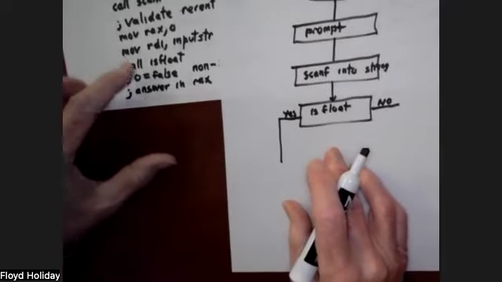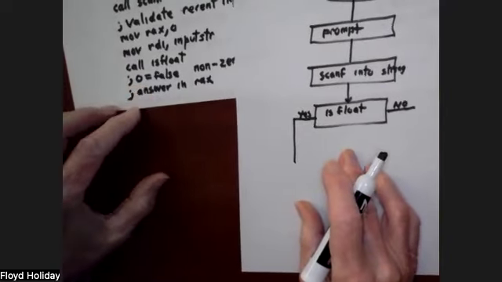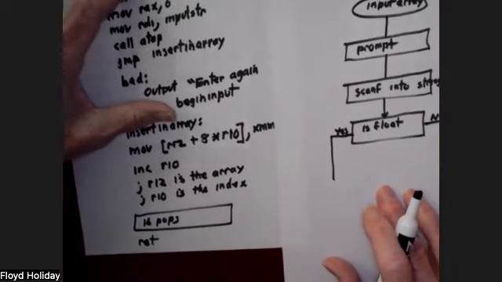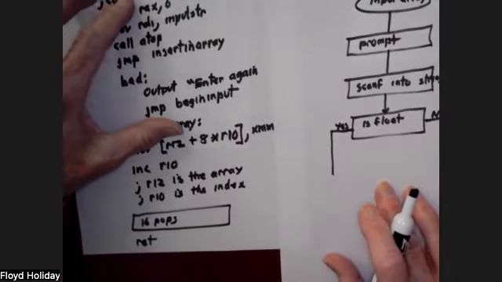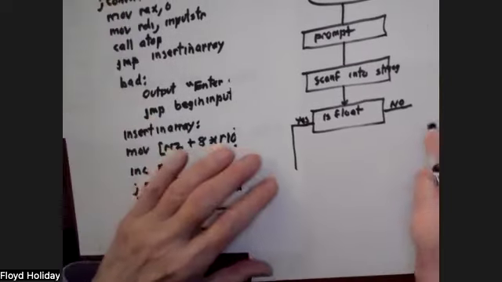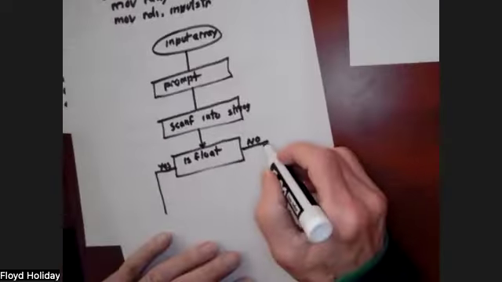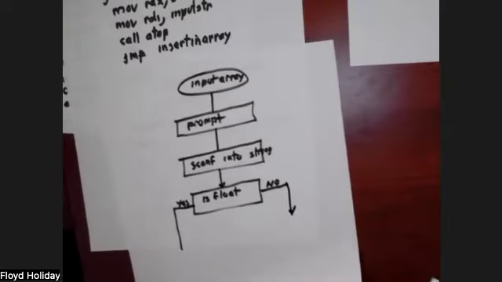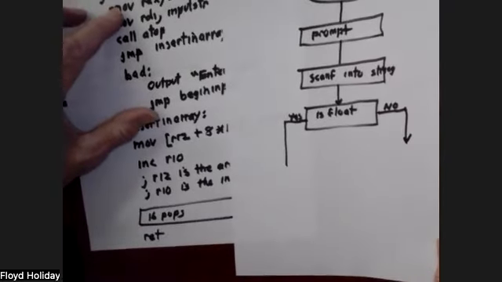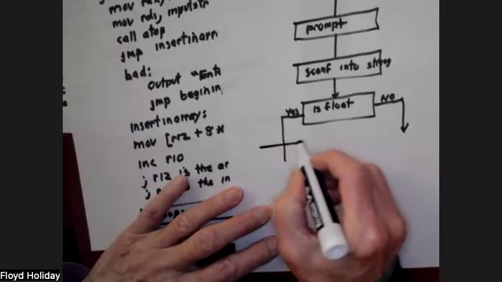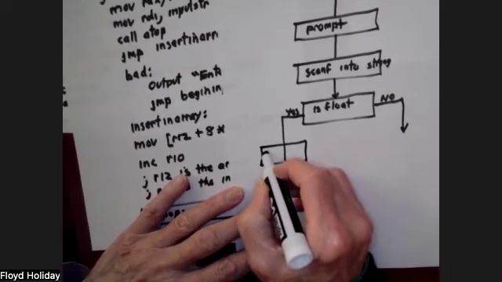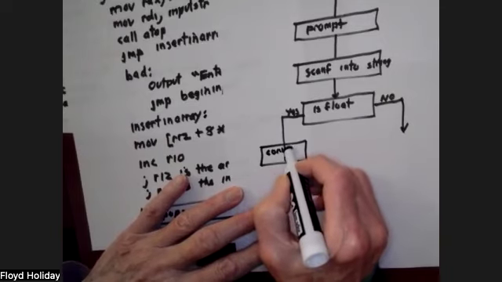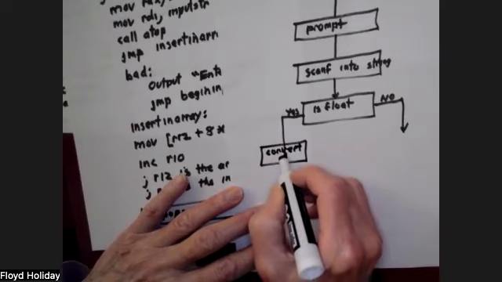If it passes the is float test, that would be next page. You check for zero. If it fails it, execution goes down this side, and if it passes, it goes to a conversion function. Convert ATOF.